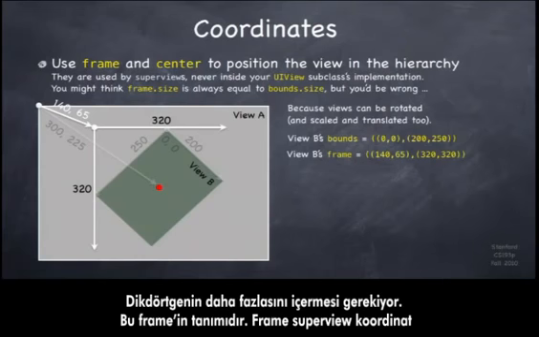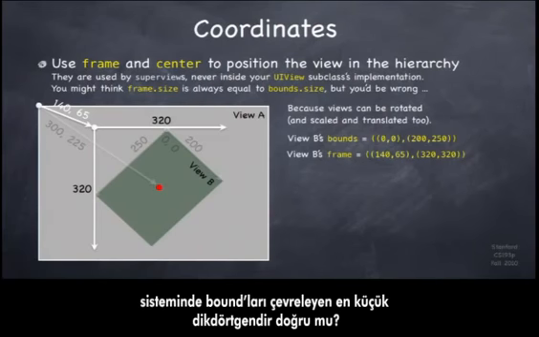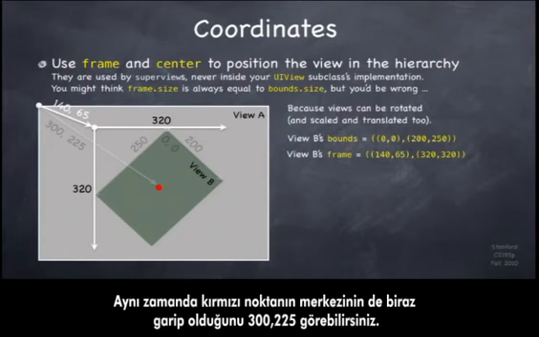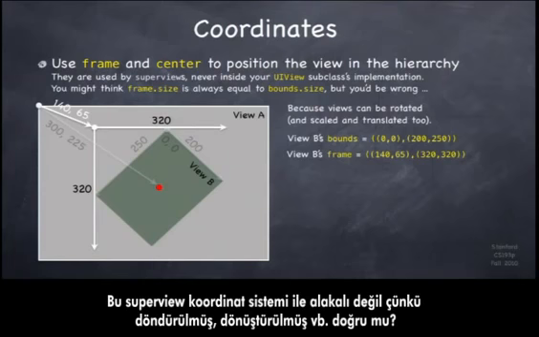So that's the definition of frame. Frame is the smallest rectangle that completely encloses the bounds, right, in the superview's coordinate system. See how that works? So that's what the frame is all about. And you can see that the center, the red dot, is also, you know, some weird 300, 225, nothing related to the bounds, in the superview's coordinate system because it's rotated, translated, etc.